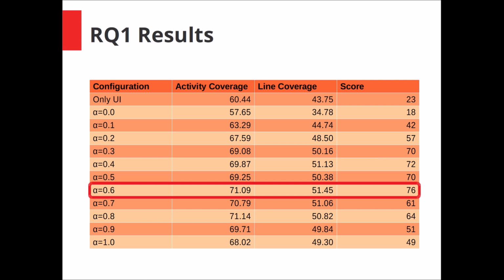Since this configuration achieves the lowest score among all configurations, and even less than the only UI baseline, we can conclude that a mixture of UI and motif actions is necessary to properly explore Android apps.